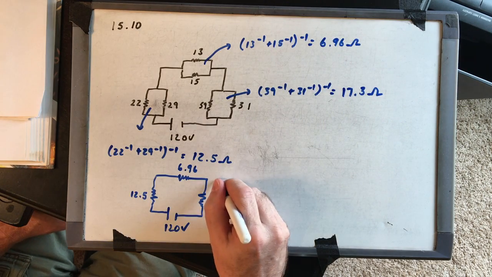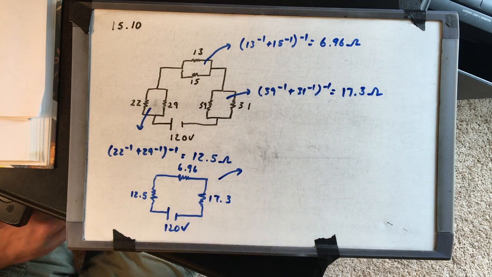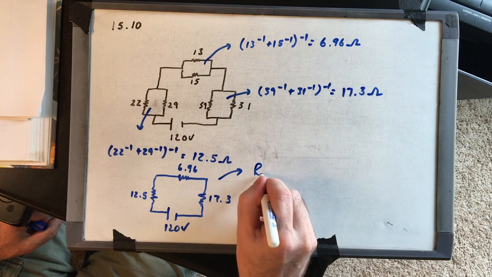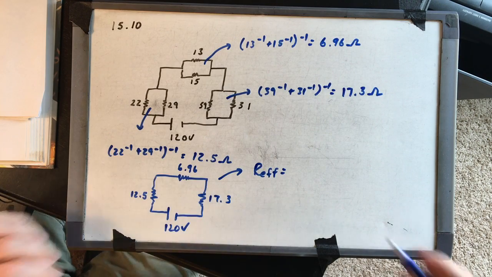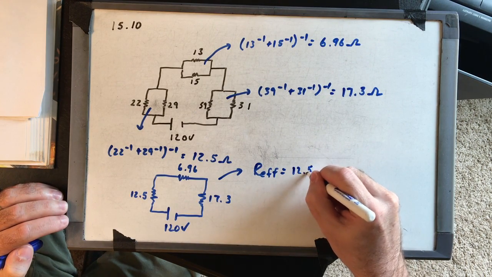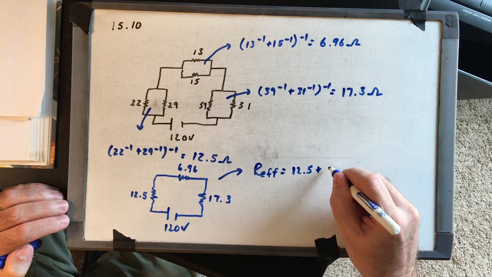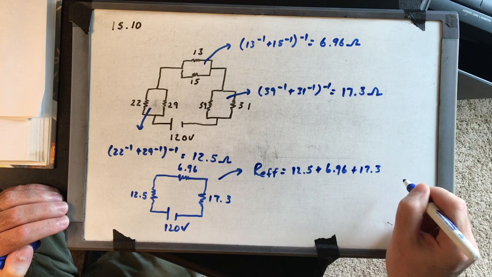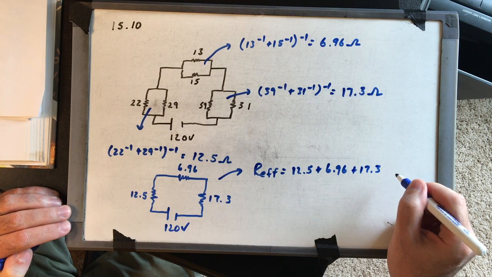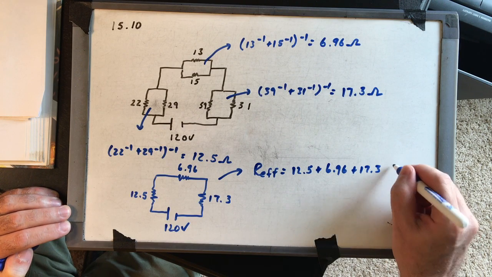So for that circuit, the total resistance, those are all in series, so we just add them up. 12.5 plus 6.96 plus 17.3. And that is 36.76.